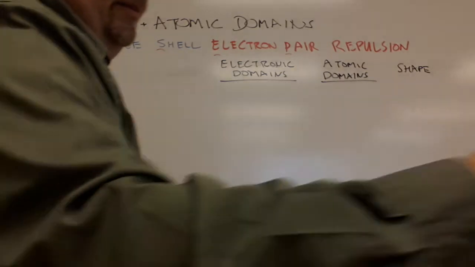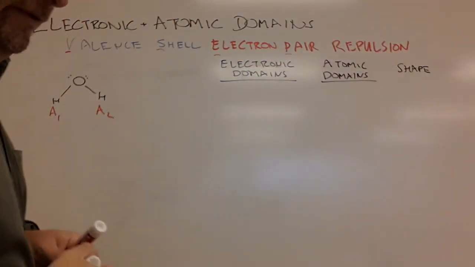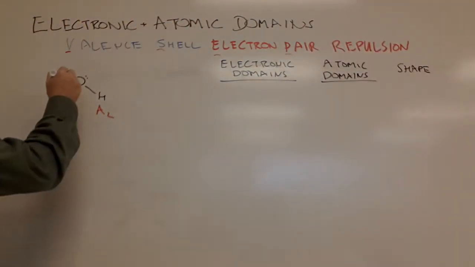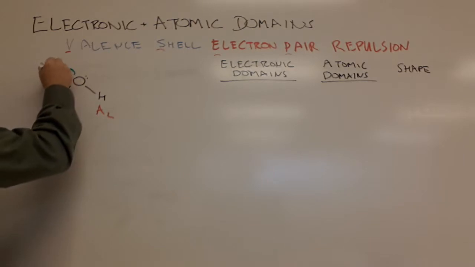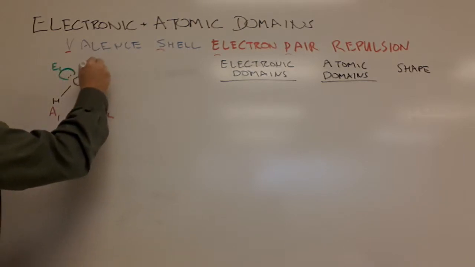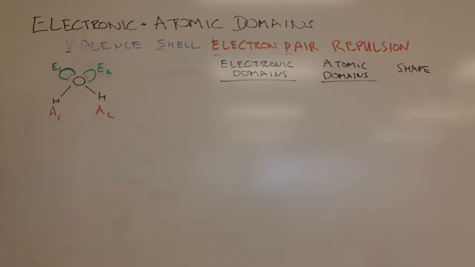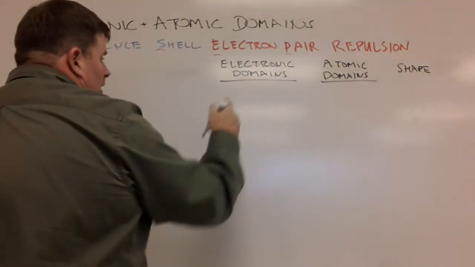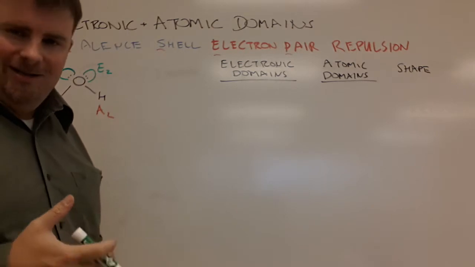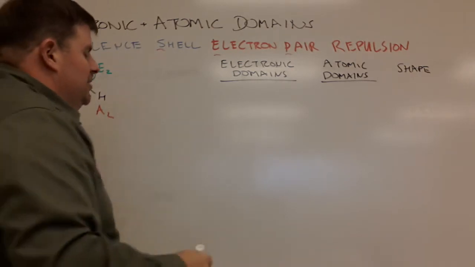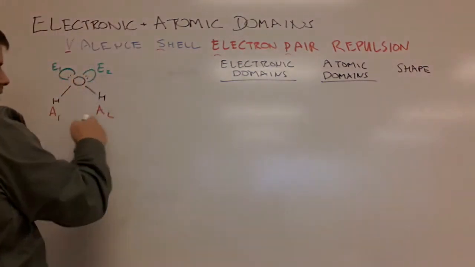Okay? Let me grab green over here. We'll use green for this other one. For lone pairs, I've got electronic domain 1 and electronic domain 2. So the number of electronic domains I've got is 2 plus the 2 bonds, because in this case we're counting those electronic domains. Okay? So 2 and 2.